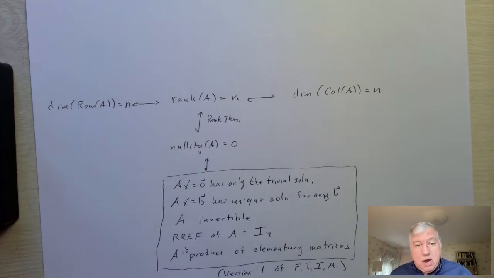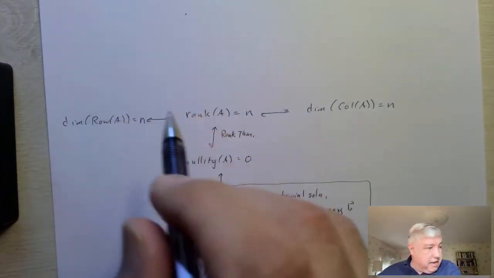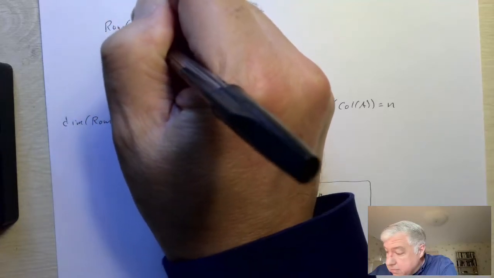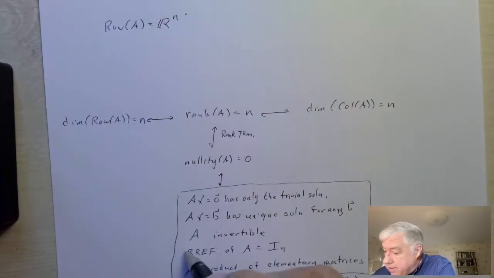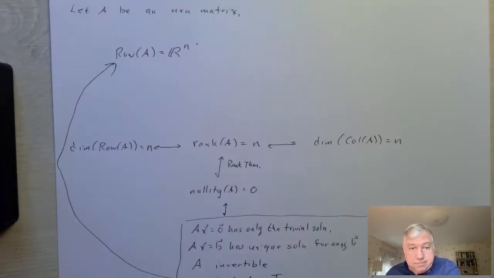So everything in Rn, if you take it as a row vector, is going to be a linear combination of the rows of In, which means it will be a linear combination of the rows of A, since they generate the same space. So this implies that the row space of A is equal to Rn. Right, that this implies this.